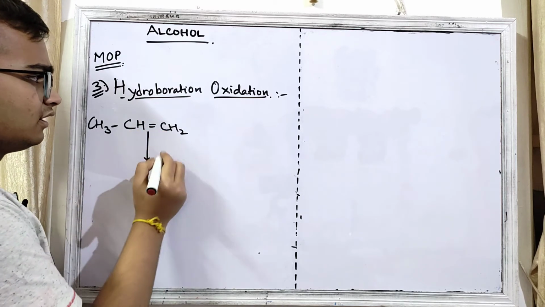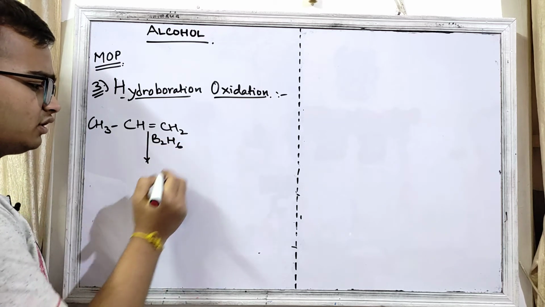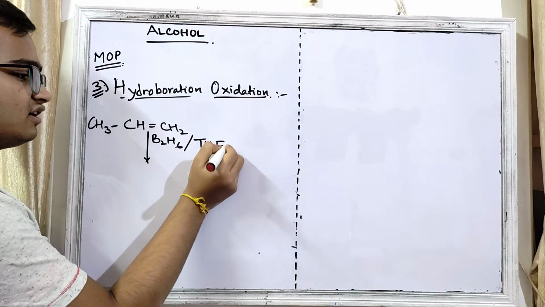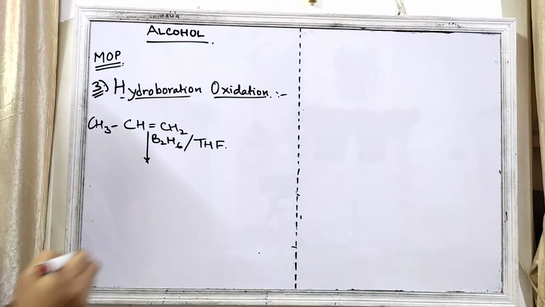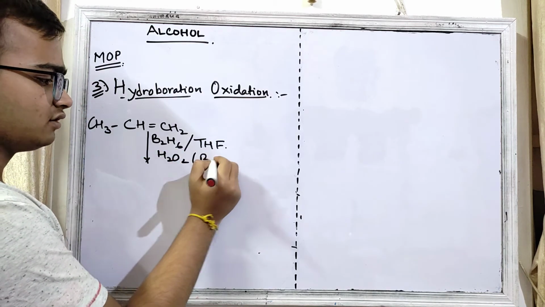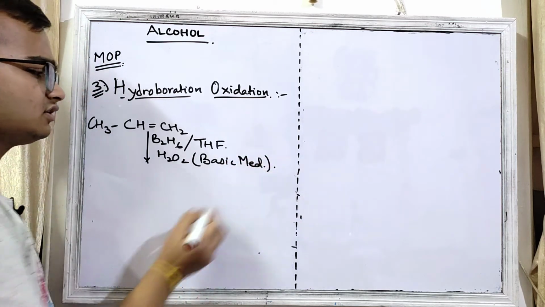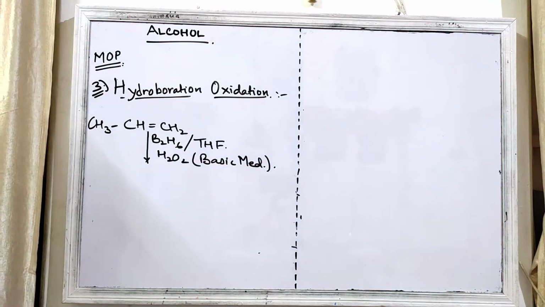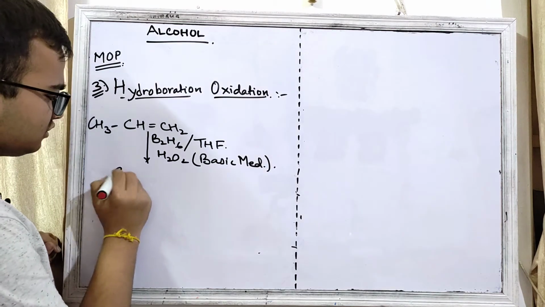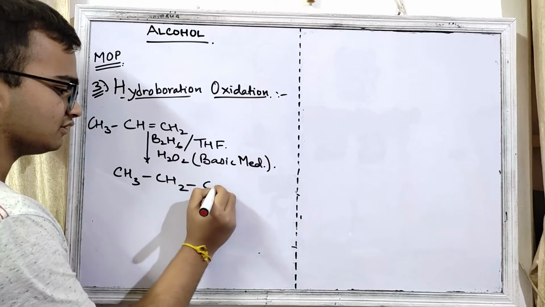For hydroboration oxidation, we take B2H6, which is the borane, and tetrahydrofuran, THF, in basic medium in presence of hydrogen peroxide, which is H2O2, and you have to write basic medium. Now as a result of this, OH is being added to this propene. Now the reaction will give a compound some sort of like this.